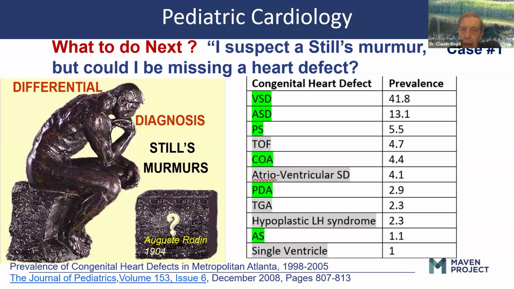And for sure, it's very rare that you are going to suspect that in a newborn because, again, the same idea of the pulmonary pressure is preventing a big flow across the atrial septal defect, and so you won't hear the murmur.